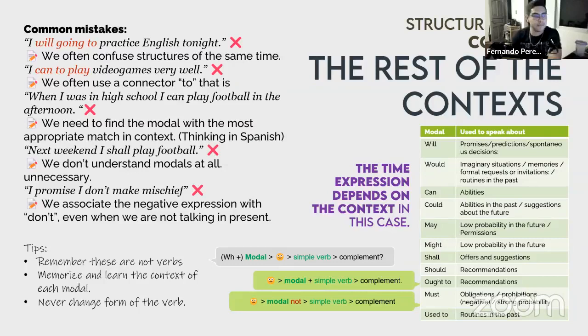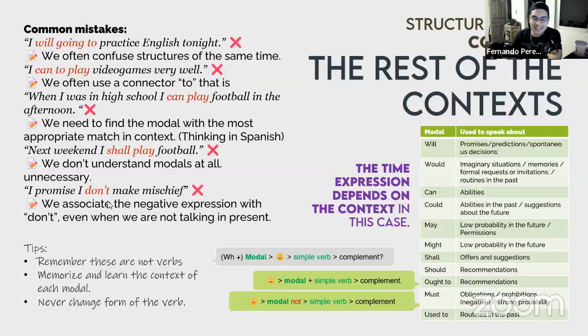And the rest, when I was in high school, I can play. Using can in present, for example. You are talking in past, you cannot use can. You need to use could. Next weekend, I shall play. You need to understand the modals because you cannot use random modals. Random modals are incorrect. And finally, the negative, using don't for everything.